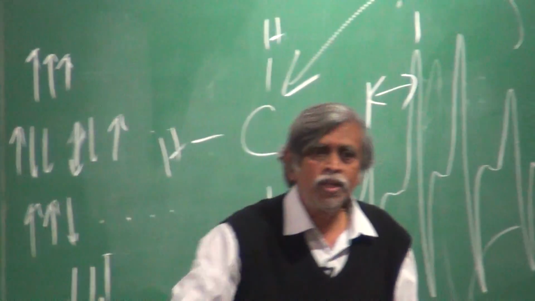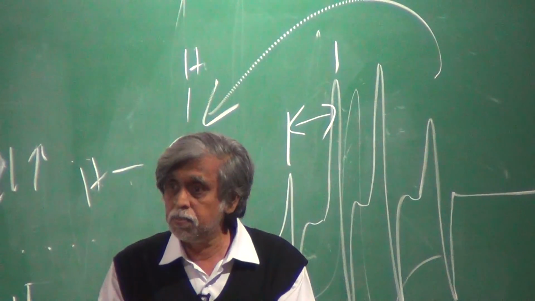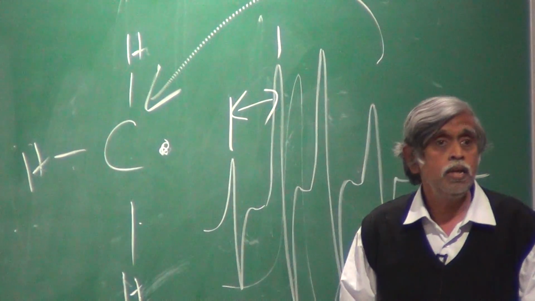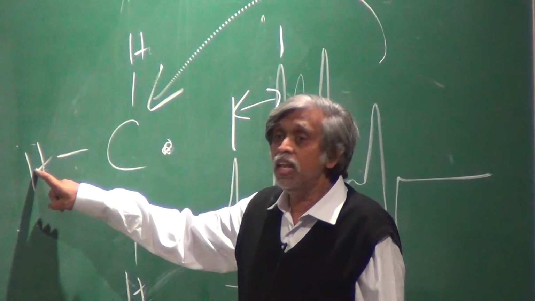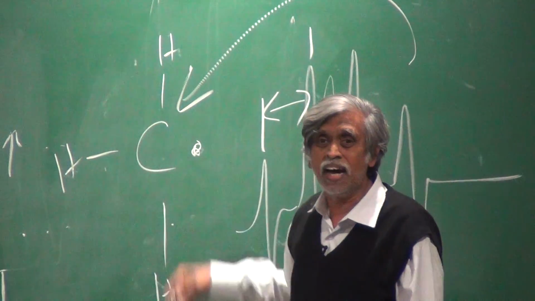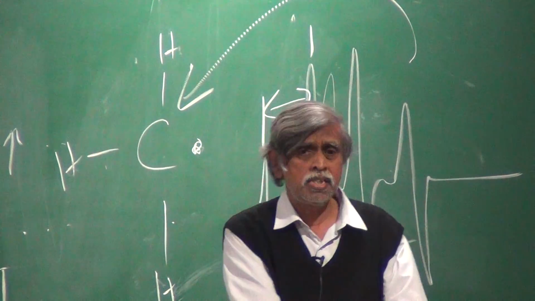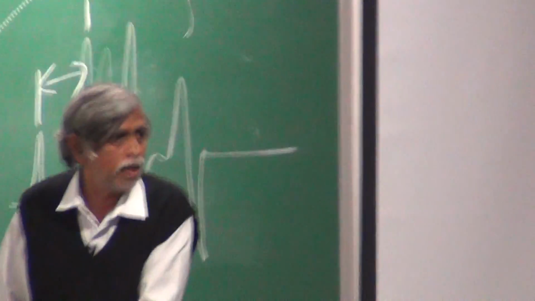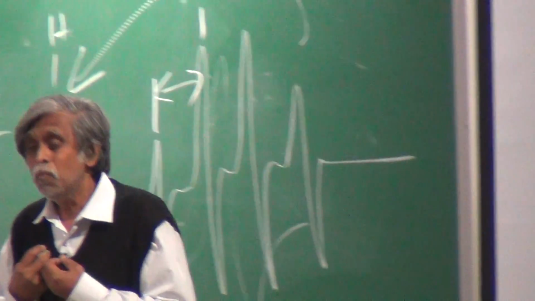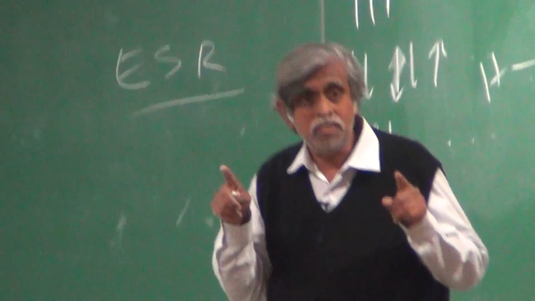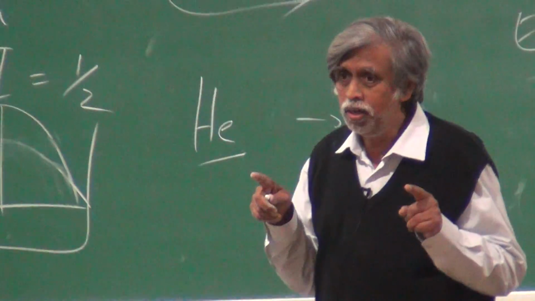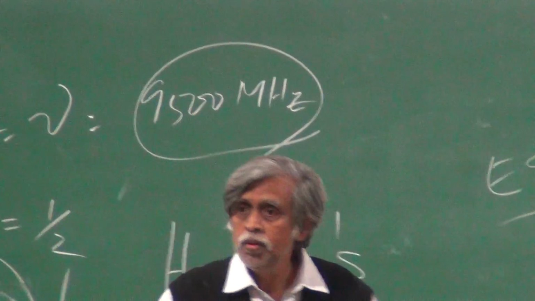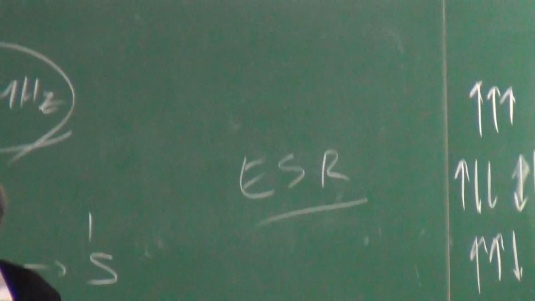It visits hydrogen now and then, but most of the time it is on carbon. If, however, I find that the probability density is very large on hydrogen and not on carbon, it simply means it goes to the hydrogen and sits there for a while, goes to carbon for a very short period of time, and again moves to some other hydrogen. In essence, what I am getting from quantum mechanics, from the psi square plot, is the time that the electron spends on the different parts of the molecule.